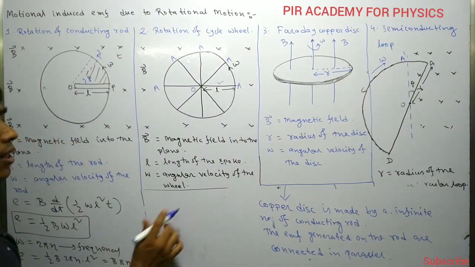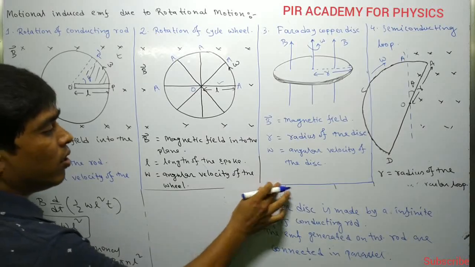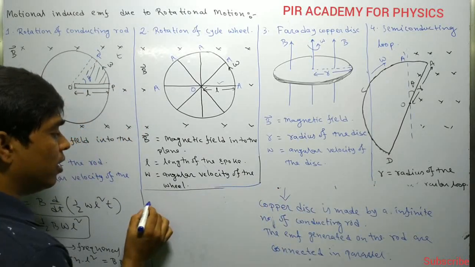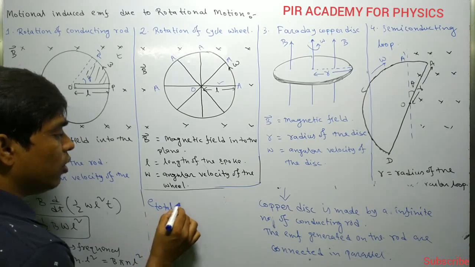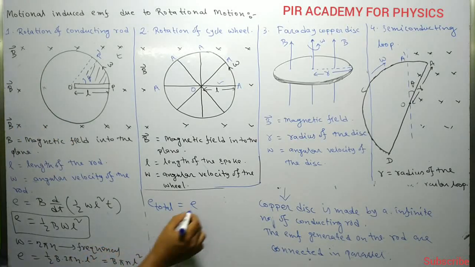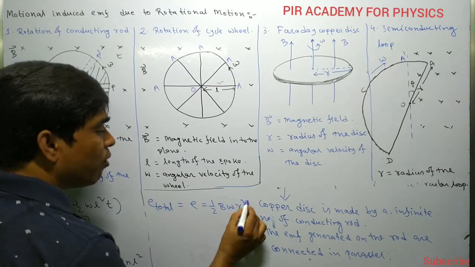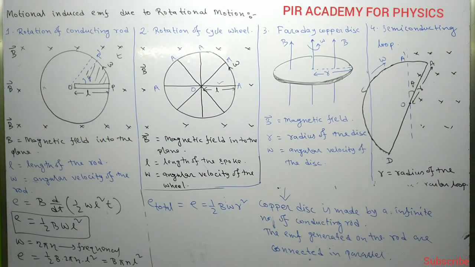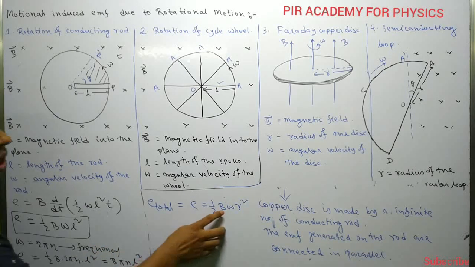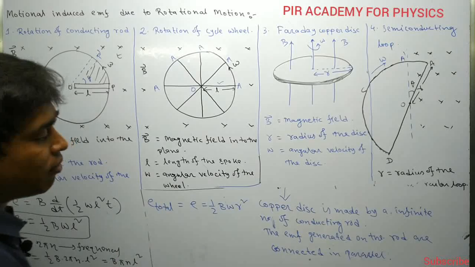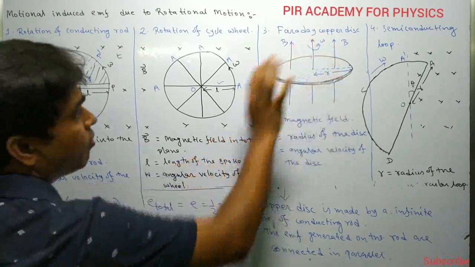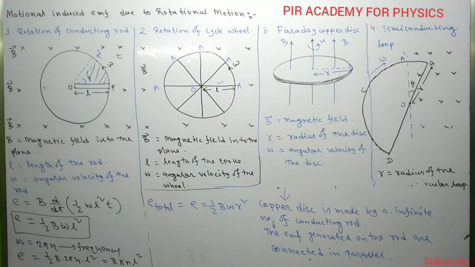So the total induced E total equals E, that means E equals half B omega R square. Here R is the radius of this disc.